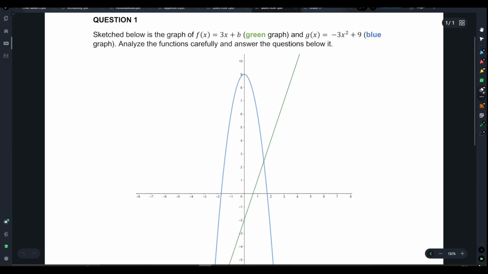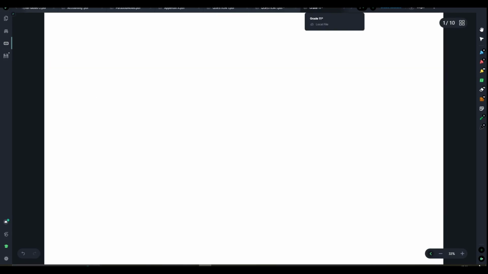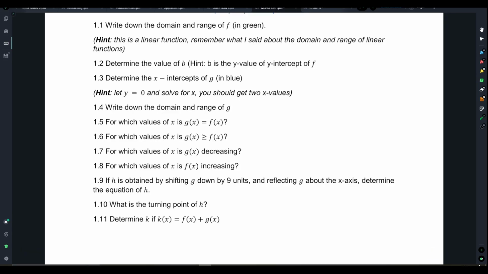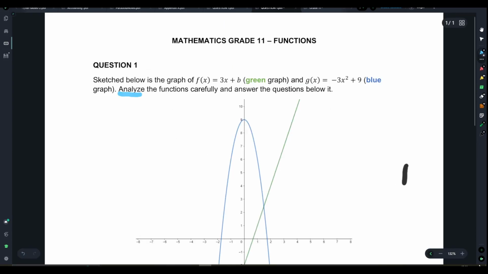I deliberately told you to analyze what's going on here.